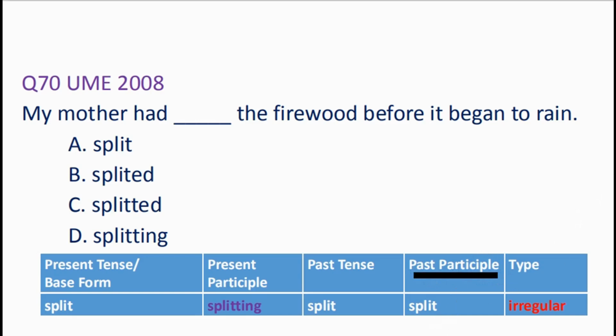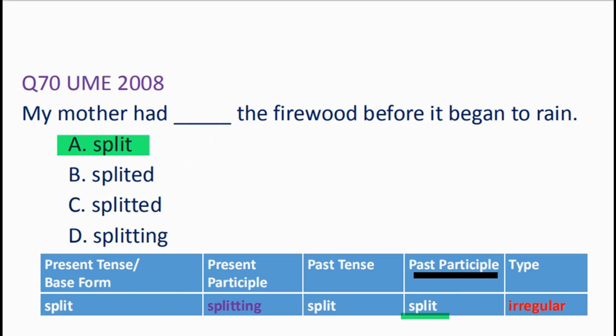So what is the past participle of split? Let's see the table. The past participle of split is also split. Split is present tense. Split is past tense. Split is past participle. So the correct option is not splitted. It is still split. My mother had split the firewood before it began to rain.